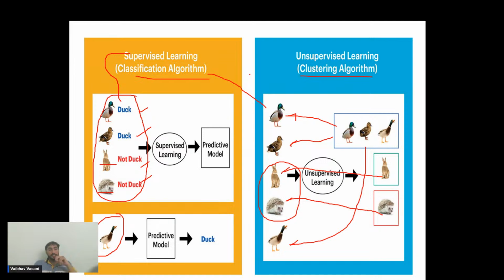It means this helps us achieve the grouping, whereas when we initially performed classification based on our labels, the model was a little skewed, because we told it that it is not a duck. But here it is learning on its own, and based on its features, it categorizes them into three different categories, or you can say three different clusters are created.